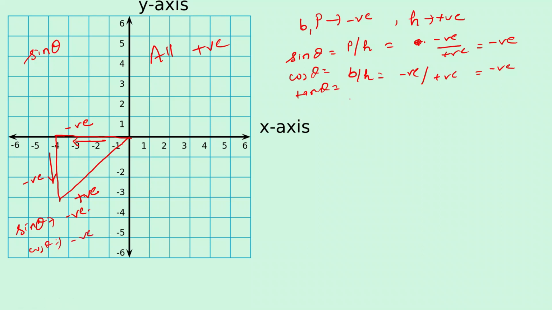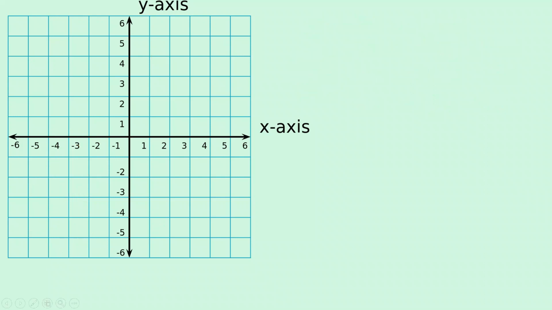And tan theta is perpendicular by base, which is negative by negative, which is positive. Negative divided by negative is positive. So tan theta is positive in the third quadrant, and the rest, sine and cos, are negative. So recap: everything positive in the first quadrant. In the second quadrant, only sine positive. In the third quadrant, only tan positive. Now we move on to the fourth quadrant.